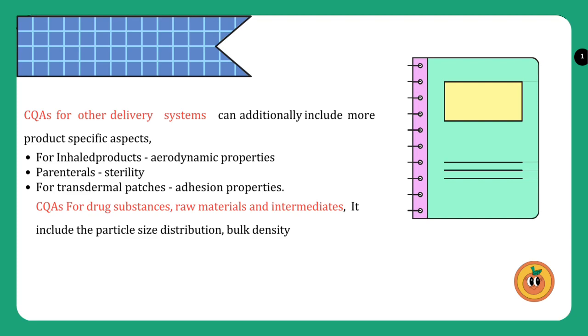For transdermal patches, adhesion properties. Then for CQA for drug substance, raw materials, and intermediates, it includes particle size distribution, bulk density, and many other parameters will be added to this.